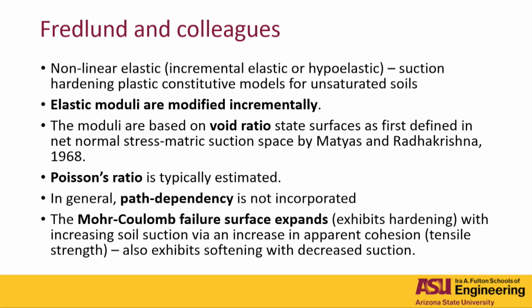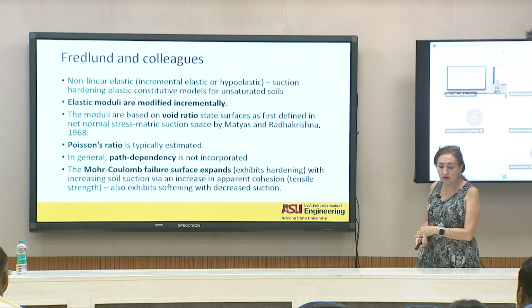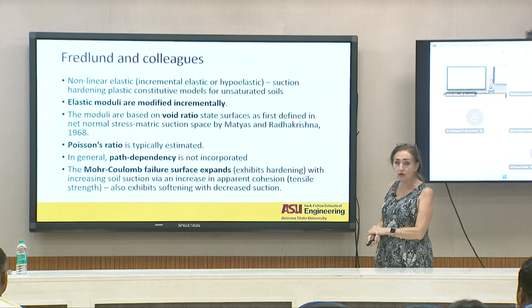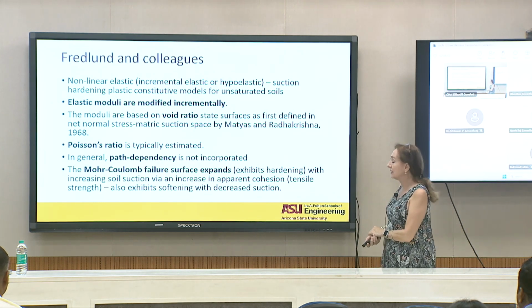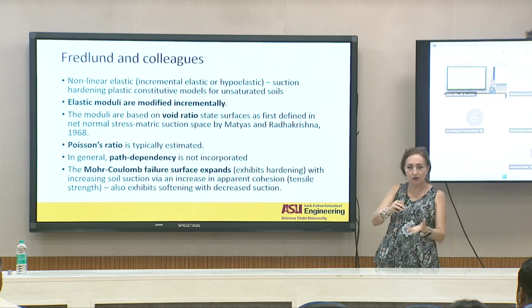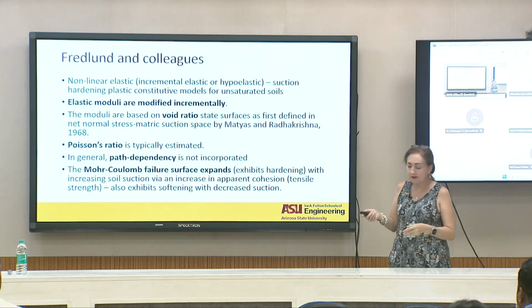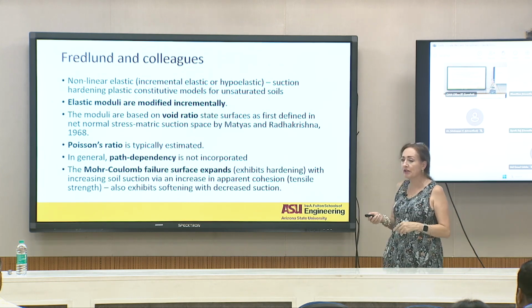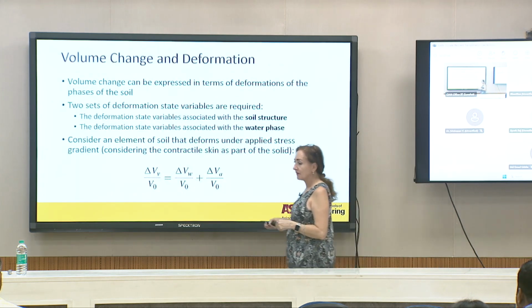And in general, there are path dependencies not incorporated into those models. The Mohr-Coulomb failure surface expands, exhibiting hardening with increasing soil suction via an increase in apparent cohesion, like I just showed you before, where we can include that matrix suction. And it also exhibits softening with decreased suction.